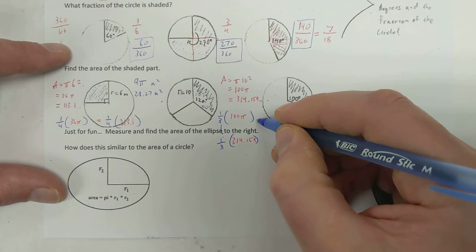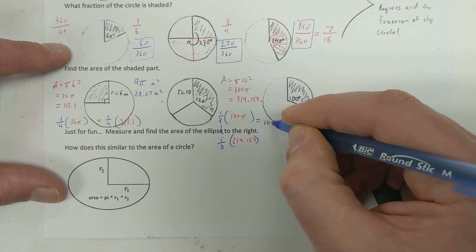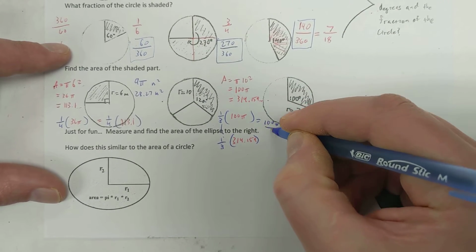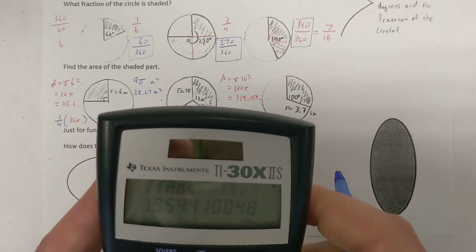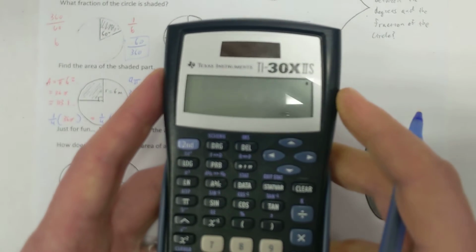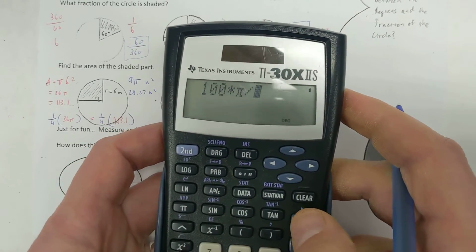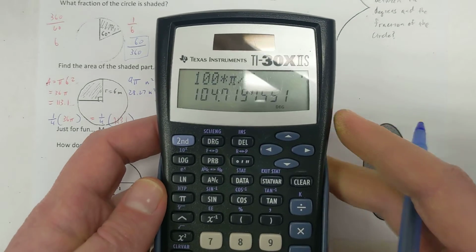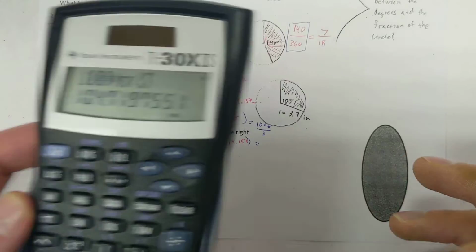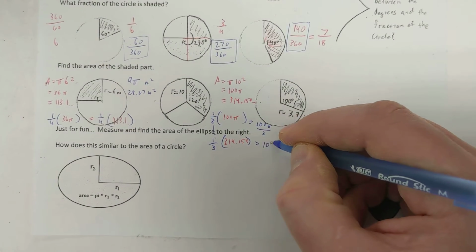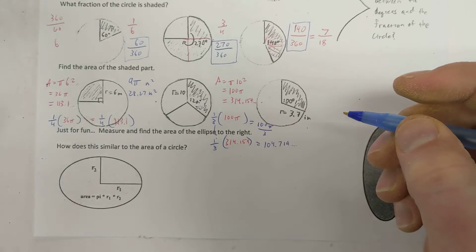And the answer to that, well, I can be lazy and just do it in terms of pi, 100 pi over 3, or actually use my calculator. 100 times pi divided by 3 is 104.719. There's more numbers after that.